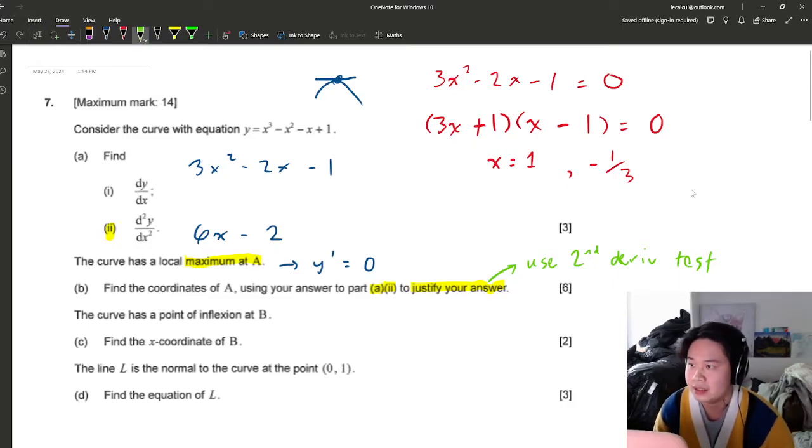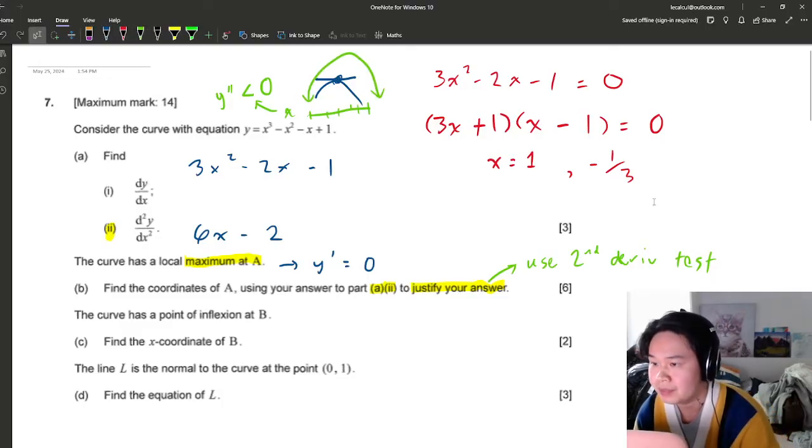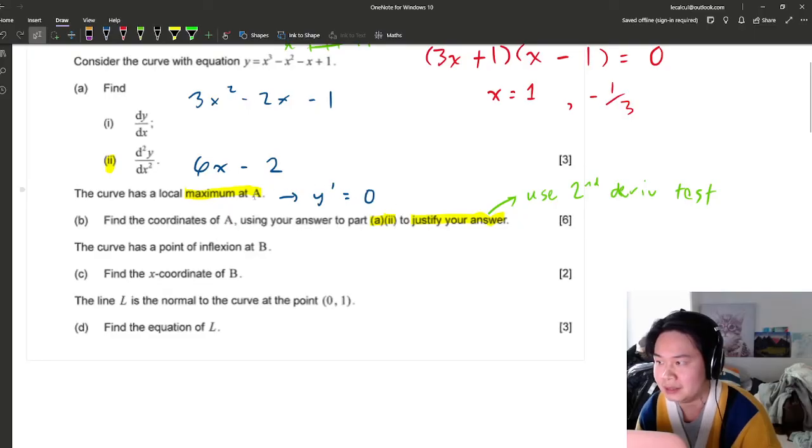So everywhere from here to here, if you plug in your x values into your second derivative, then these are all going to be less than 0 because this is a concave down section on your graph.